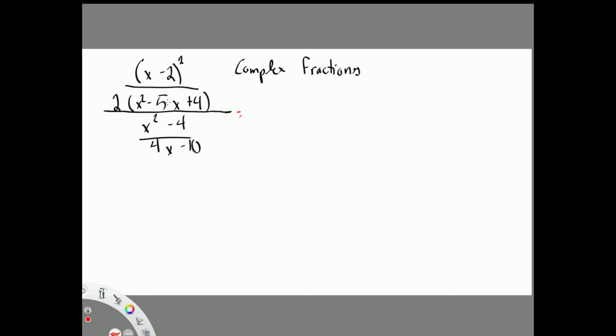So again, my top fraction, not changing, still going to be x minus 2 in parentheses, all squared, divided by, still this thing, 2x squared plus 5x plus 4, and we're now multiplying by the reciprocal of this. So we have x squared minus 4 on top, so now that's going to be on bottom. And we had 4x minus 10 on bottom, so now we're going to have 4x minus 10 on top.